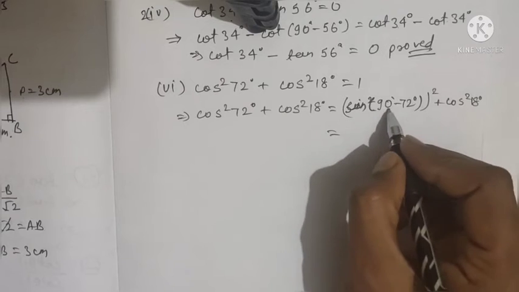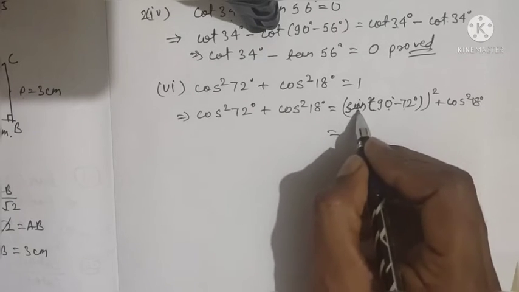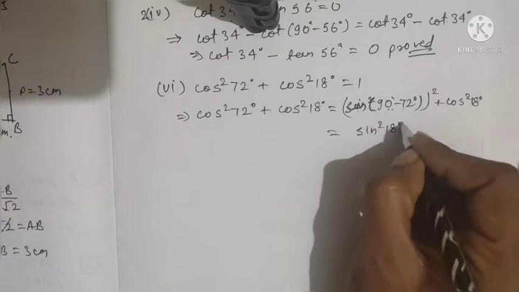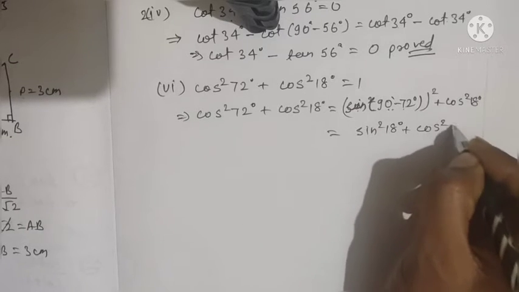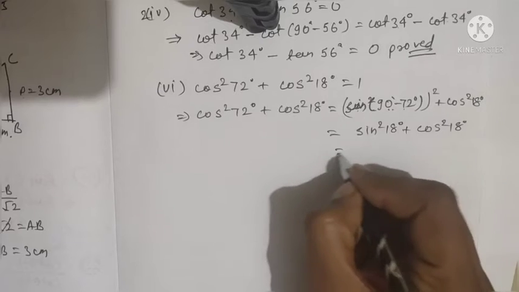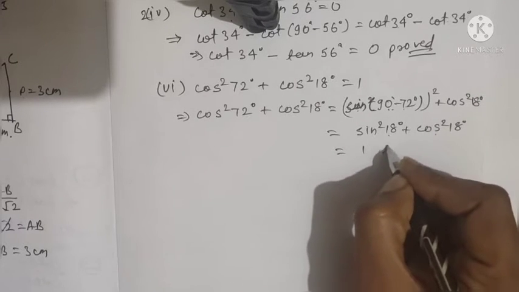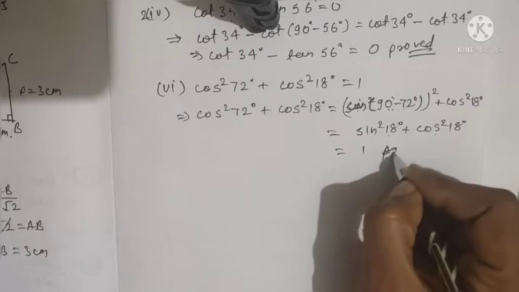Here 90 minus 72 is equal to 18, so it will be (sin 18 degree) whole square. That means sin square 18 degree plus cos square 18 degree, and as we know that sin square theta plus cos square theta is equal to 1 from the formula. This is proved.